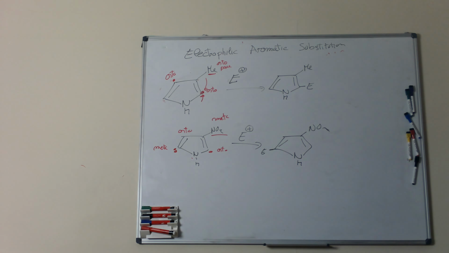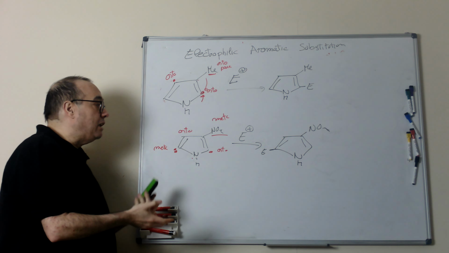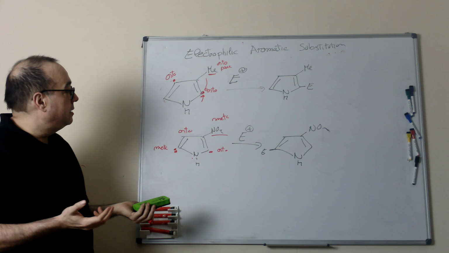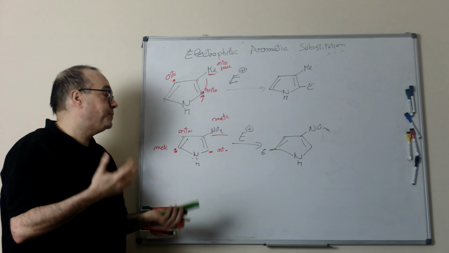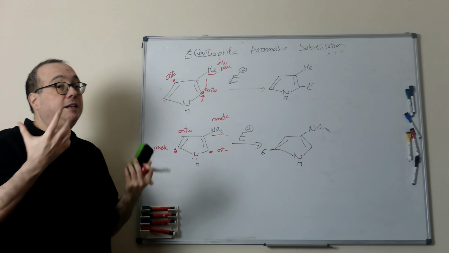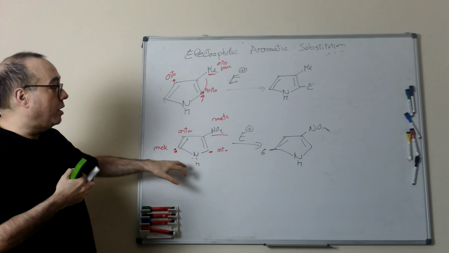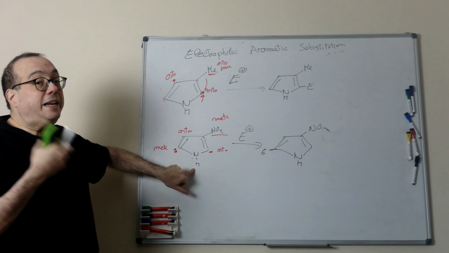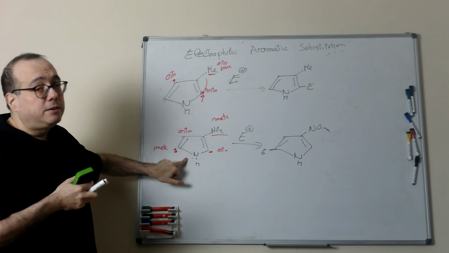That means that it will orientate meta. A halogen will be activation by resonance, which means that it will be orthopara. Exactly the same that we did with the benzene. Okay, and the only thing that we have to consider is the inherent reactivity of the Pyrrol, that is C2.